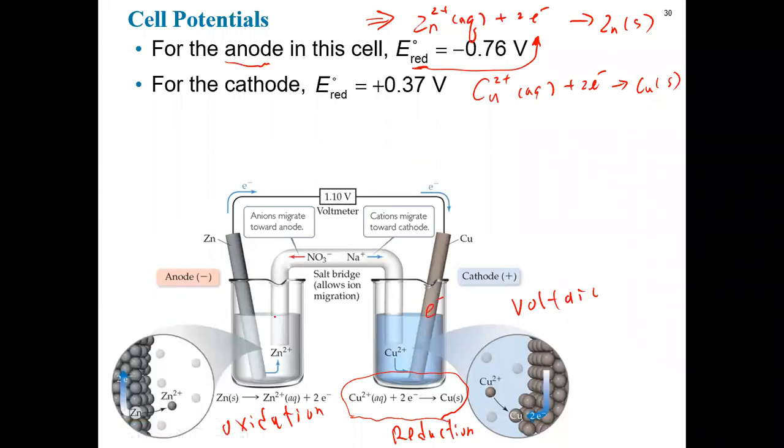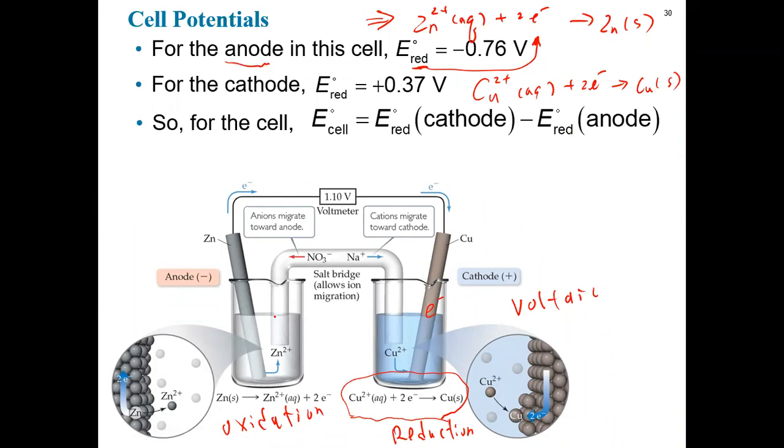Your calculation will be E cell equals E cathode minus E anode, and then you just plug in those numbers. The cathode number is positive 0.37 volts. Then minus the anode number, so minus negative 0.76 volts.